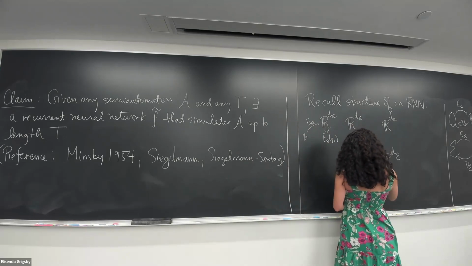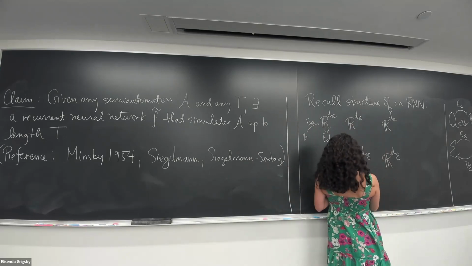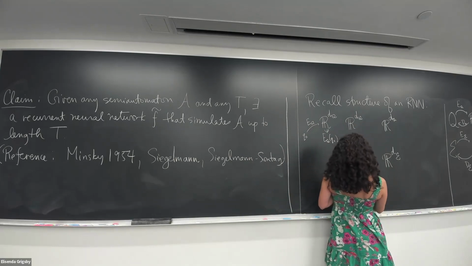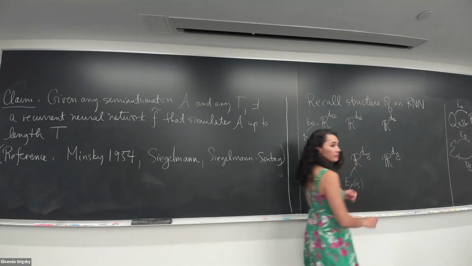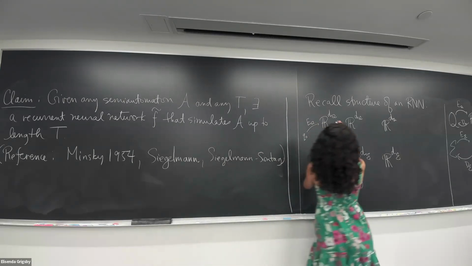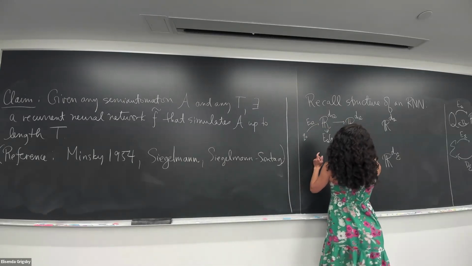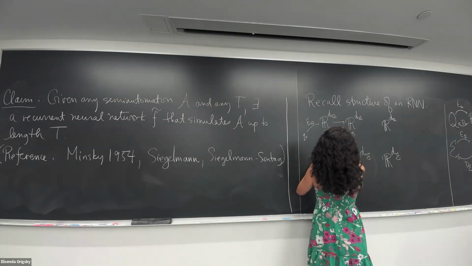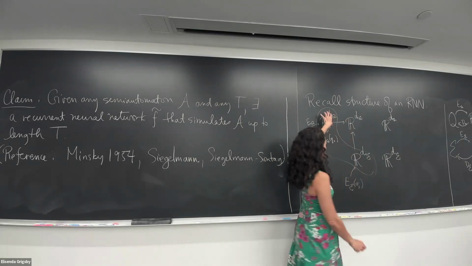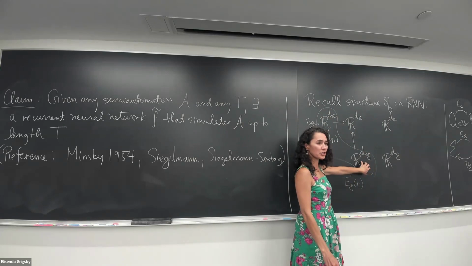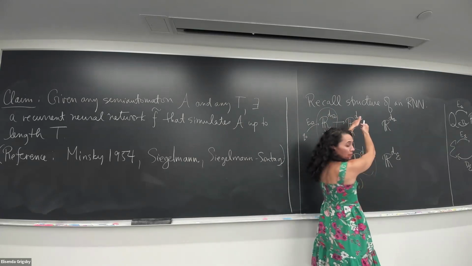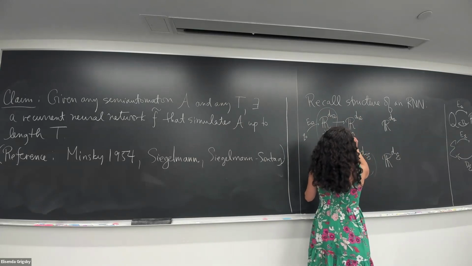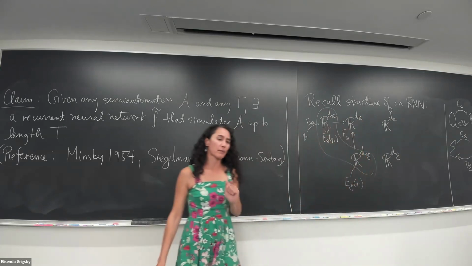And now you also have these embeddings of the elementary transitions. And the idea of a recurrent neural network is that each of these layer maps takes the direct sum of the state space and the transition space, and then each of these maps is a neural network map, determined by some parameters.